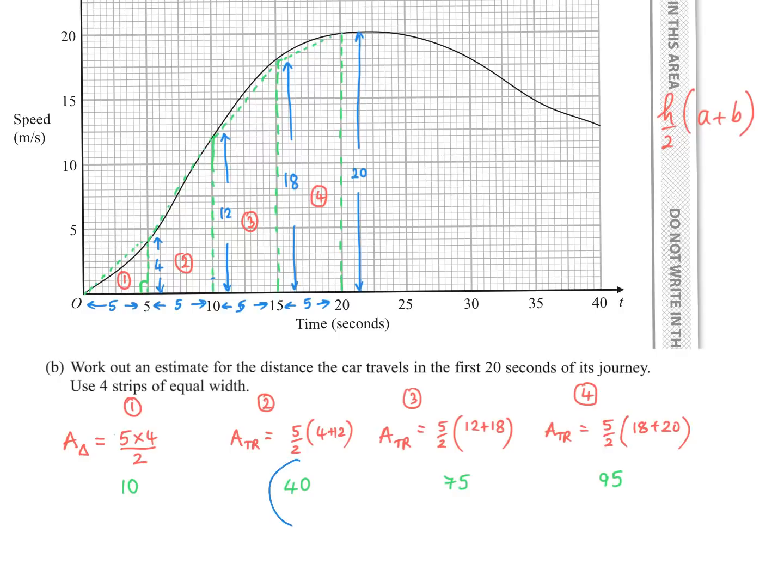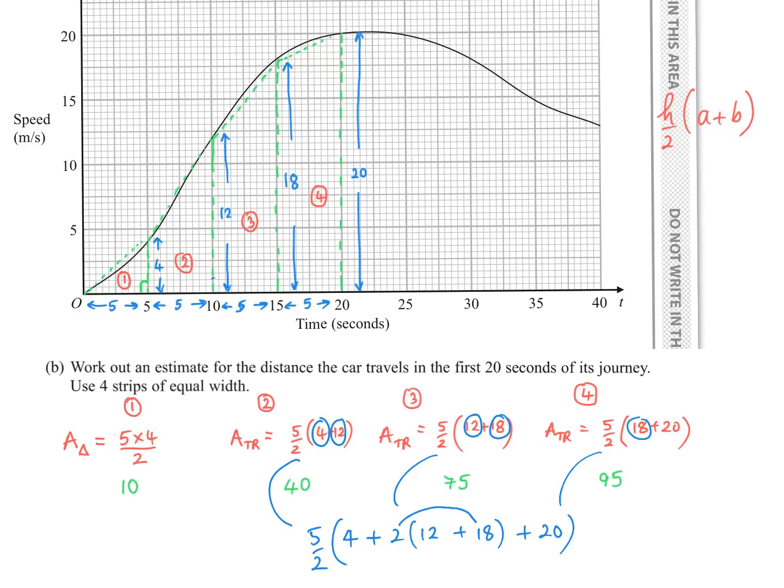You can take the 5/2 out as a common factor, so you can say it's 5/2 lots of one of these, because that's only used once, but 2 of these 12s are used, 2 of these 18s are used, and then just 1 of the 20s.